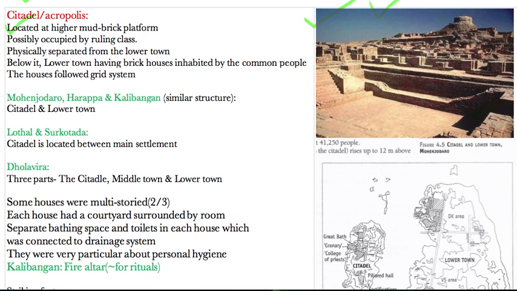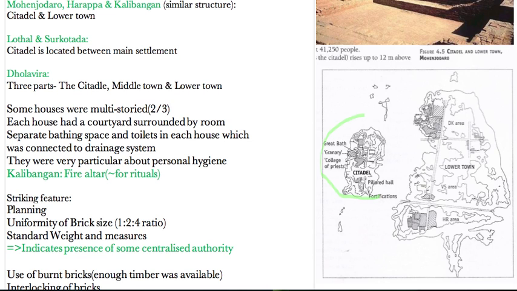Possibly it was occupied by the ruling class, so physically separated from the lower town. There was a boundary between the lower town and citadel. Below it, the lower town having brick houses inhabited by common people was there. The houses were in a grid system. As you can see in this figure, you have the citadel which is small, and here you have the lower town, and there is a separation between the two.